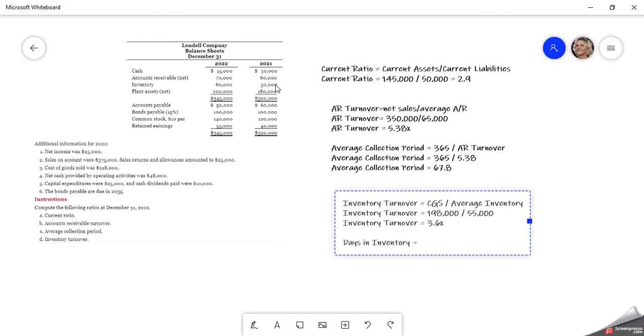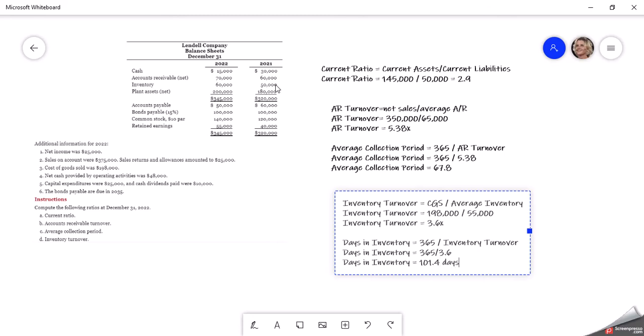So our days in inventory is our 365 days divided by our inventory turnover, much like we just did above with our accounts receivable. So 365 divided by 3.6 gives us 101.3888. So we'll round that to 101.4 days.